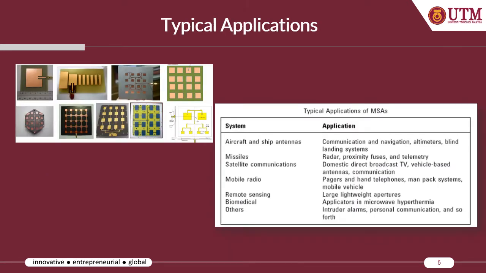Okay, these are typical applications of microstrip antennas, such as in aircraft and ship antenna systems, missiles, satellite communication, mobile radio communication, also in remote sensing, biomedical, and others. Some applications for each of the mentioned systems are as shown.